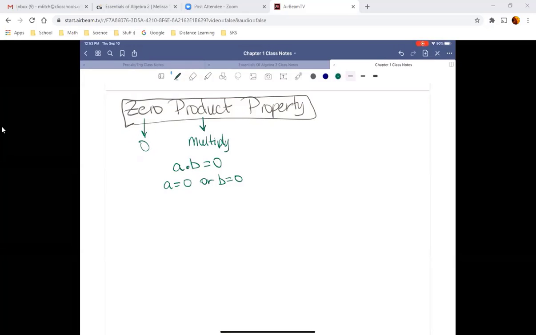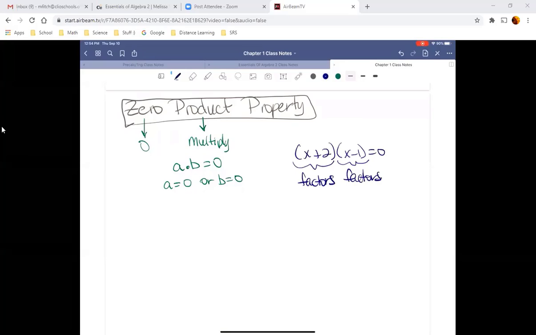So in math, we call these things factors. Factors are things that you multiply by. So if we had x plus 2 and x minus 1 equals 0, these are called factors.